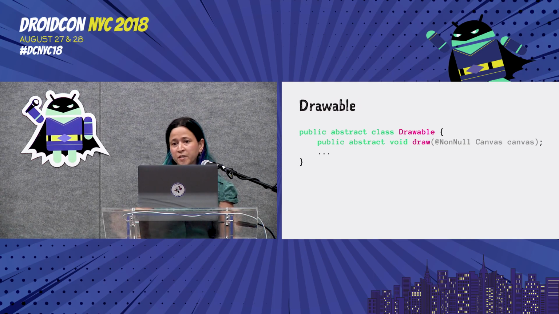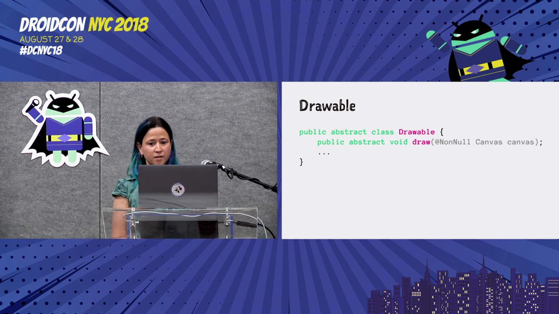The next concept that Android uses to draw things is something called a drawable. A drawable is a resource that is a general concept for a graphic that can be drawn on the screen, and you can retrieve it with APIs such as getDrawable or apply it to an XML resource with attributes.